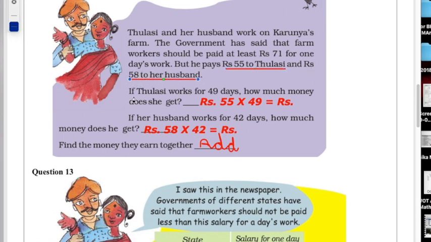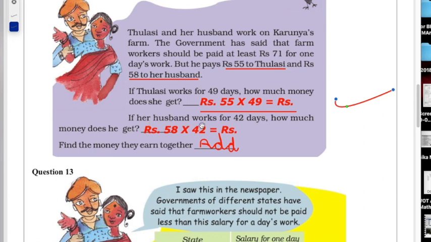If Tulasi worked for 49 days, how much money does she get? Simple, her 1 day income is rupees 55 and she works for 49 days. So how much will she earn in total? You multiply 55 by 49.